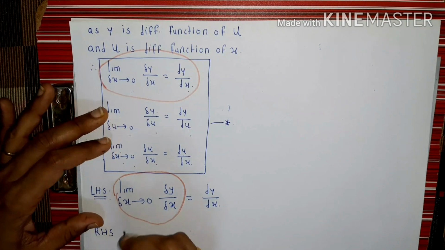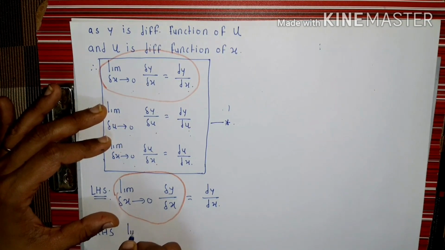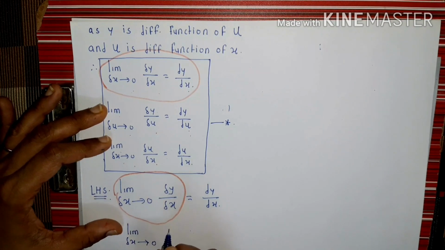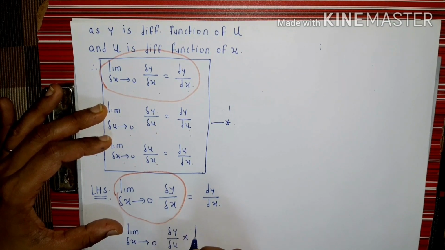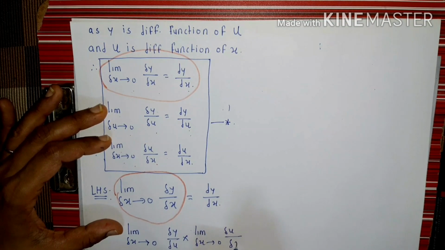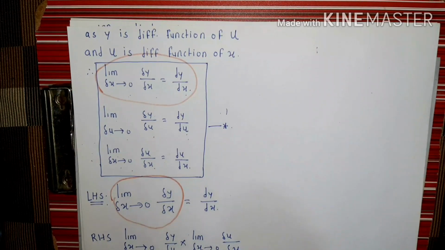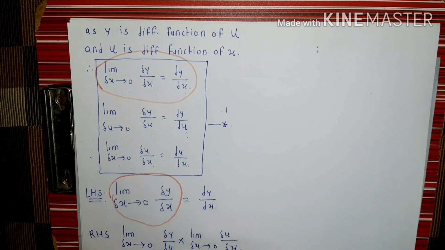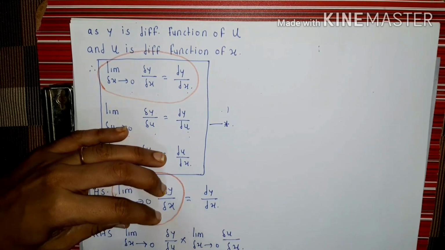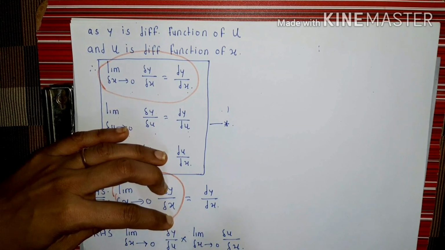Now the RHS. What is the RHS? RHS is limit delta x tends to 0, delta y upon delta u into limit delta x tends to 0, delta u upon delta x. So we have to put the values of the first term and the second term. In the RHS there are two terms. This is the first term and this is the second term.